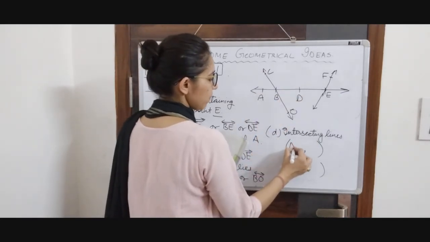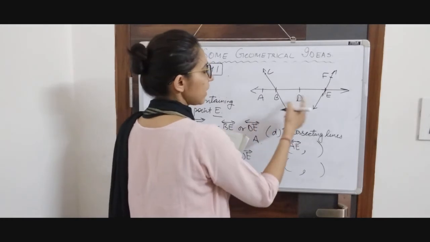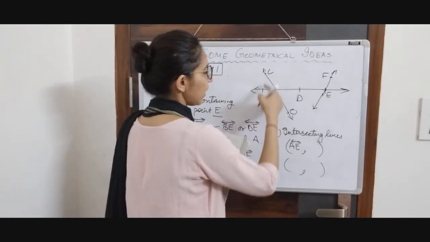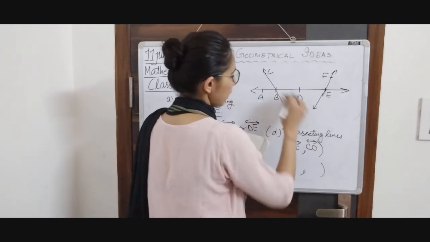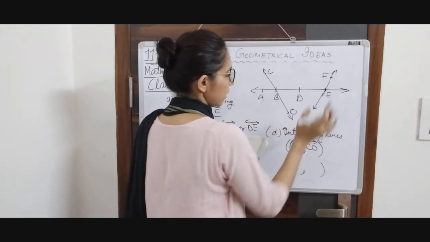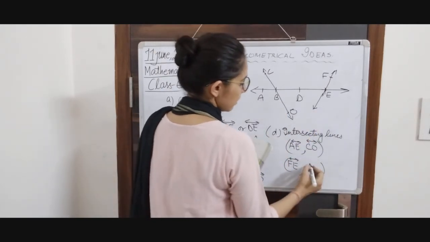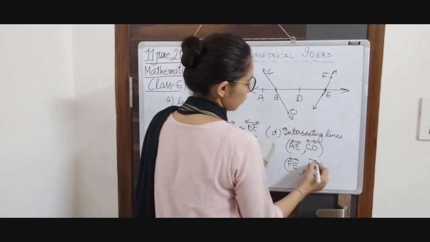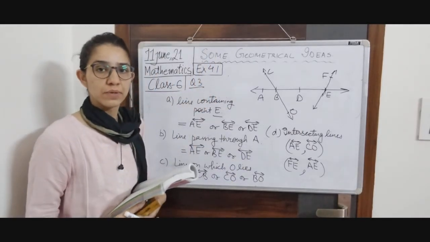It is going to be AE. It has many names. You can write any one. And this line, suppose I am saying CO. One is this pair. Second I will write this one. This is FE, and this line is AE. So we have two pairs of intersecting lines.